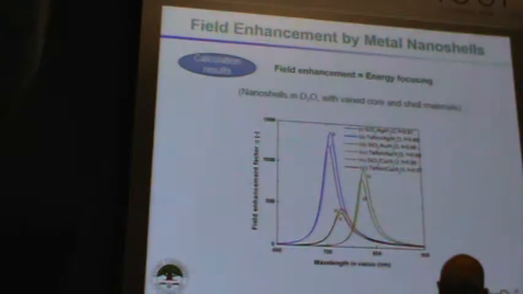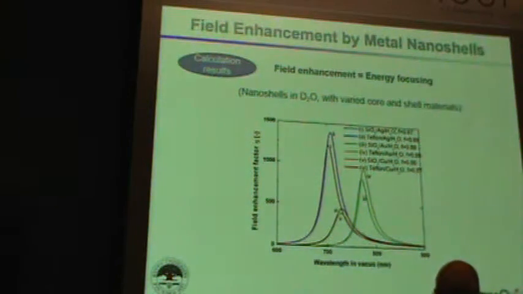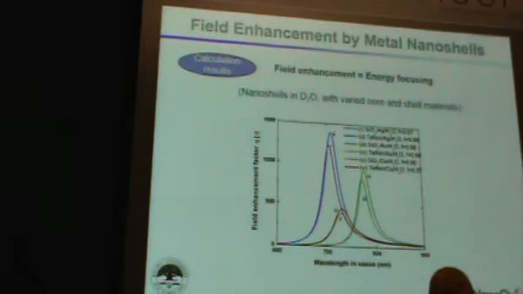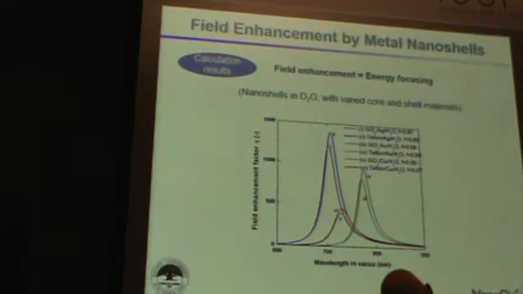And because my model based on the classical Maxwell equations is very simple and easily applied to any kind of metallic shell and dielectric core material combinations, I tested just to see what kind of combination of the material is the best.